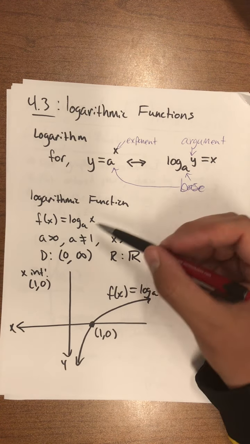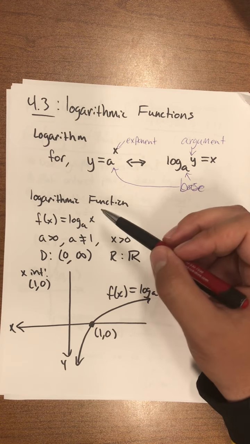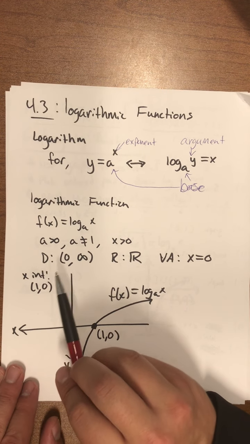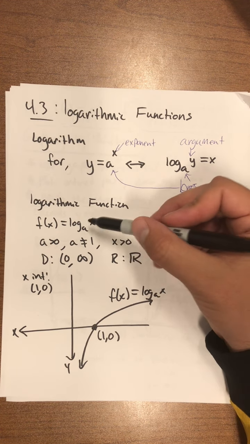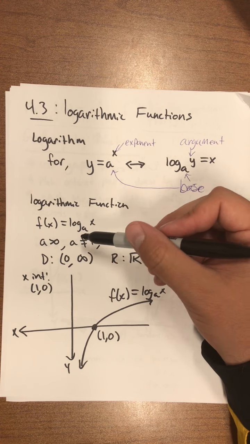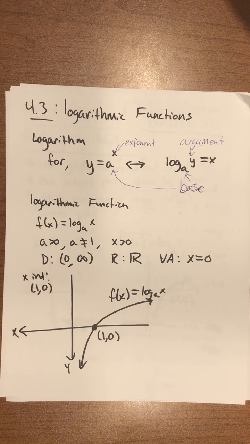So a logarithmic function is log base a of x. Now, the log function, I'll mention this now, is the inverse of the exponential function. So a is the base of the exponential, it's the base of the logarithm. When we talked about exponential functions, a couldn't be 0 and it couldn't be 1 for obvious reasons. So same thing goes for the log base.